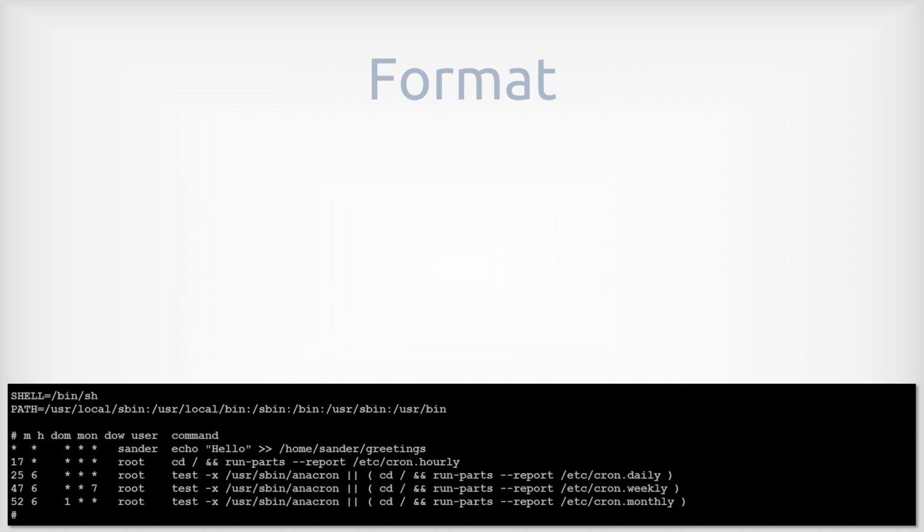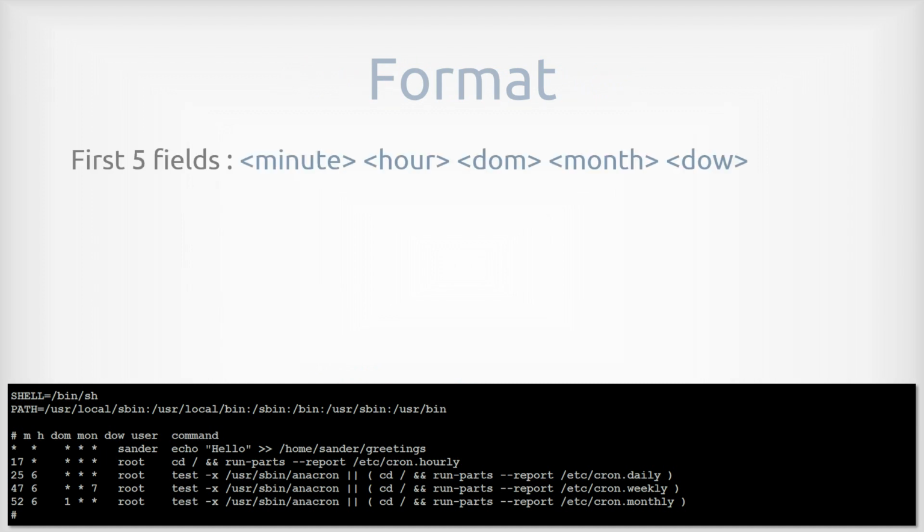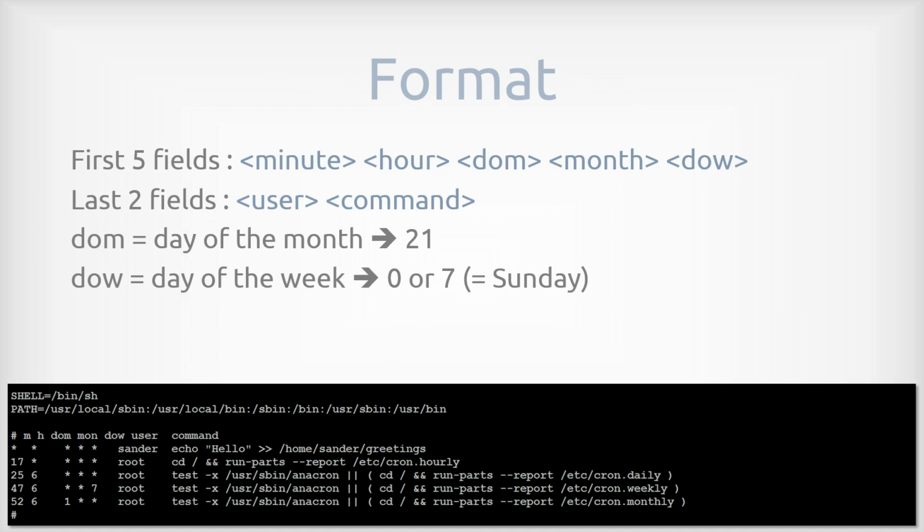The configuration file is formatted in 7 columns. The first 5 define the minute, the hour, the day of the month, the month and the day of the week. The sixth field specifies the user, by default it's root, and the last field is the command or the path to the script you want to run.